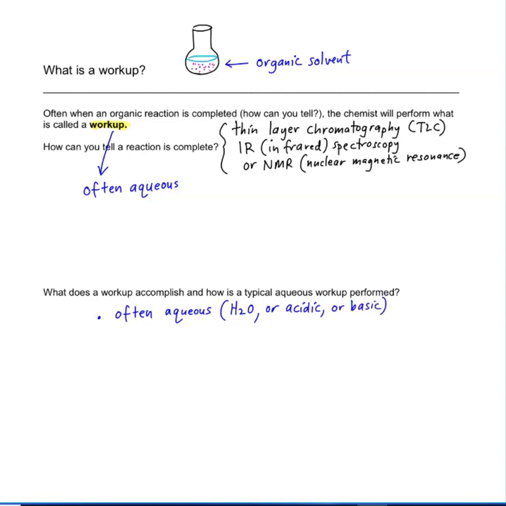It depends on the reaction conditions. So for example, if you're running a reaction and it's run under acidic conditions, then your workup is probably going to involve adding in some aqueous base so that you can neutralize the acid. By the same token, if you're running a reaction under basic conditions, then your workup is likely to be acidic, so aqueous acid. So one of the things that a workup will do is to neutralize the reaction mixture.